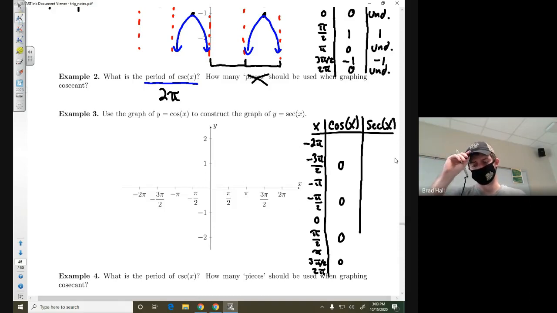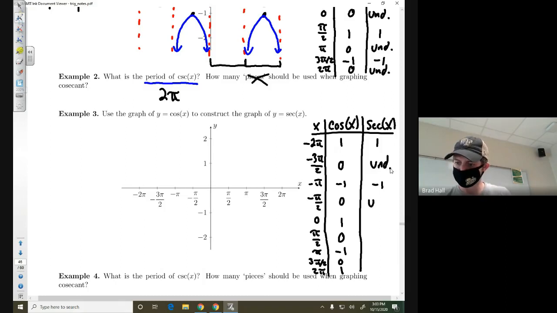Then 1, -1, 1, -1, 1. And so naturally, 1, -1, undefined. So there's still a bunch of asymptotes. They're just going to be shifted.